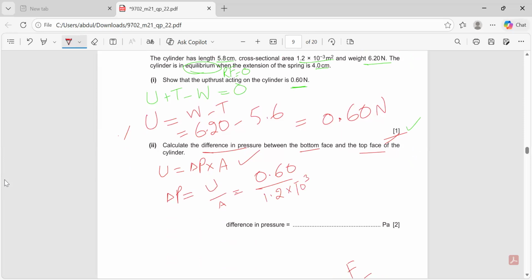I know the answer will come to 500 Pascals. But let me confirm it. 0.6 over 1.2 times 10 raised to the power of minus 3, as I simplify it, the answer comes to be 500.